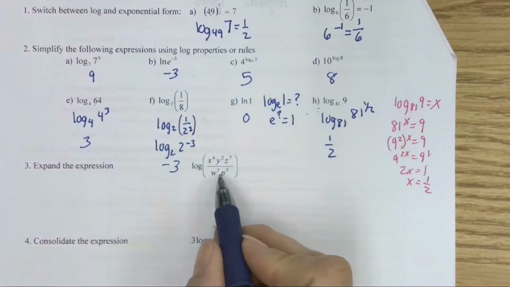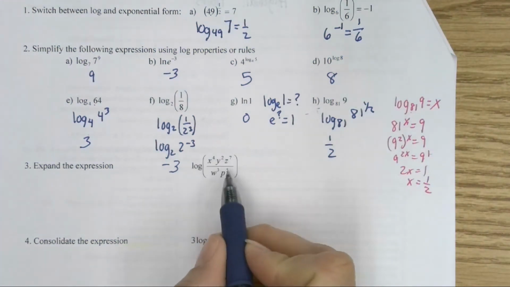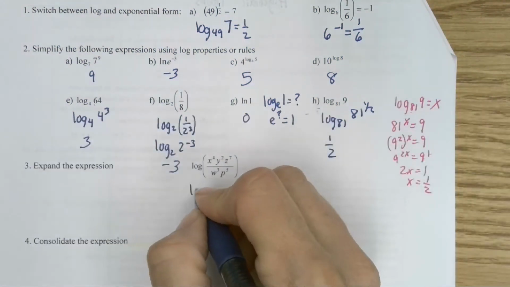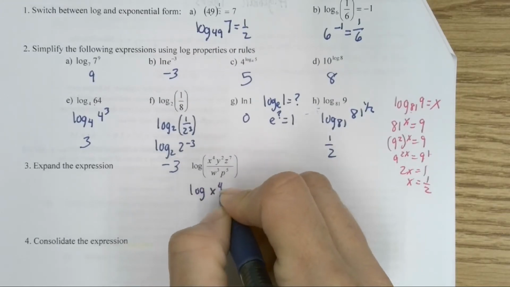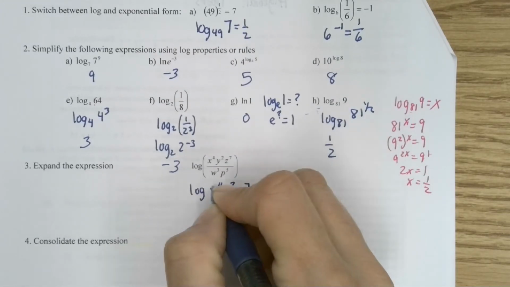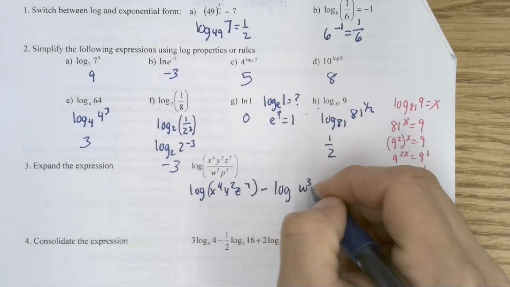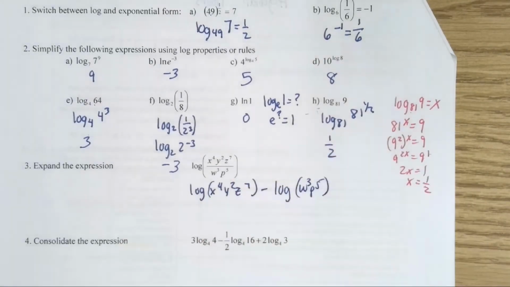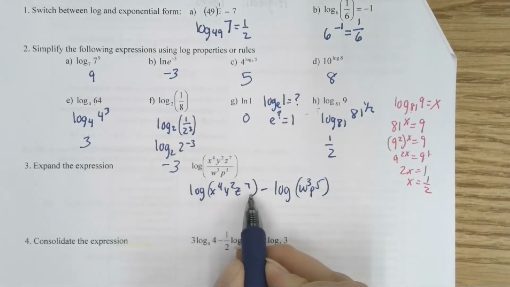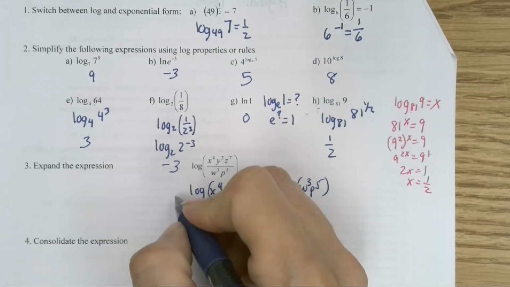So the first thing I'm going to do here is separate out my numerator and my denominator. So I have log of x to the 4th, y squared, z to the 7th, minus log of w cubed, p to the 5th. And now I have a product here, so I'm going to separate each of those as a separate log expression.